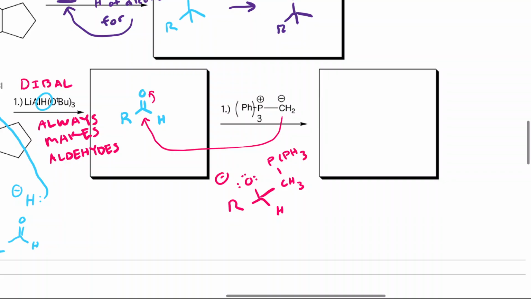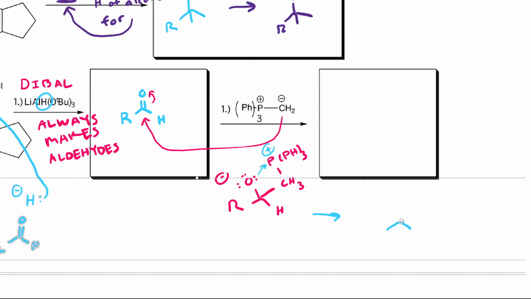And then we look at the molecule that we made. The oxygen is going to attack the partially positive P, because it's still partially positive. And then it's going to make this sort of thing.